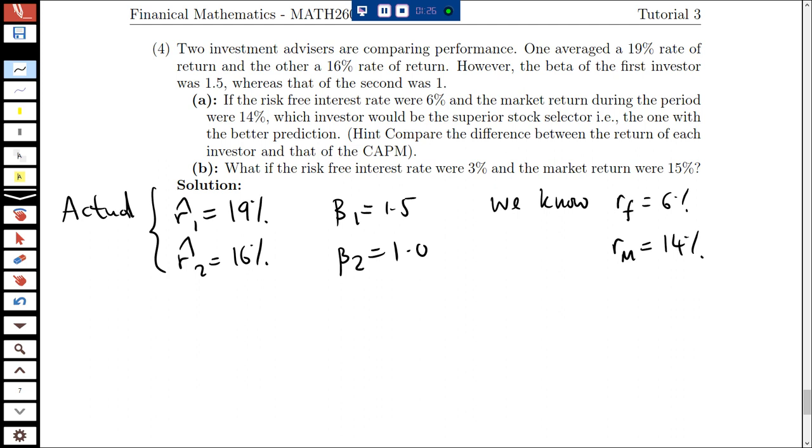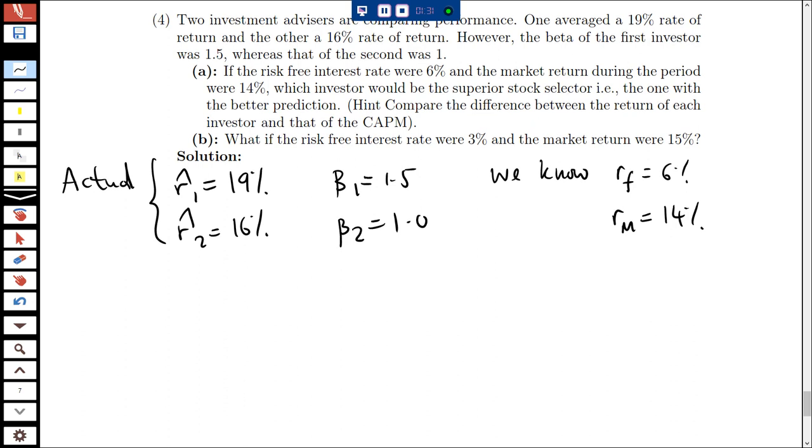Who was better? Who had the best returns? Okay, so we need to build some model and look at what the investors should have got and compare that to what they actually did get.